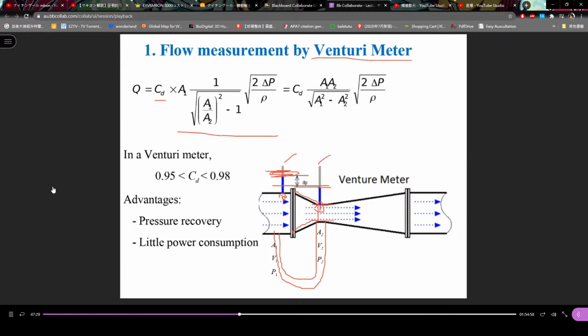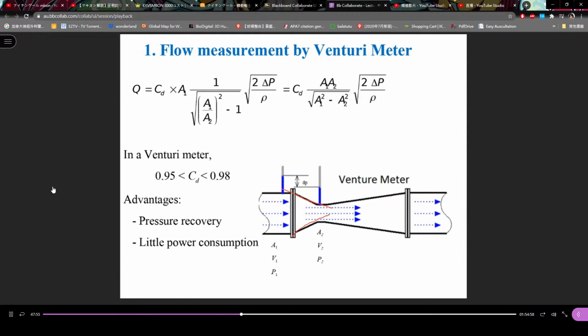For most Venturi meters, the discharge coefficient is usually very high, 0.95 to 0.98. Why is it so high? Because this is smooth, so the friction loss is not very serious.